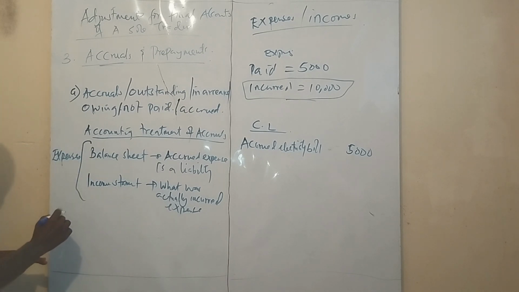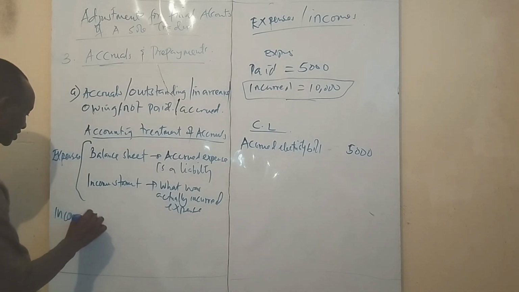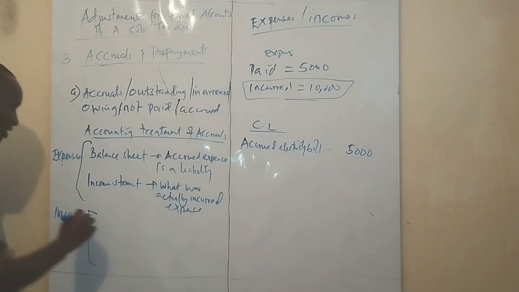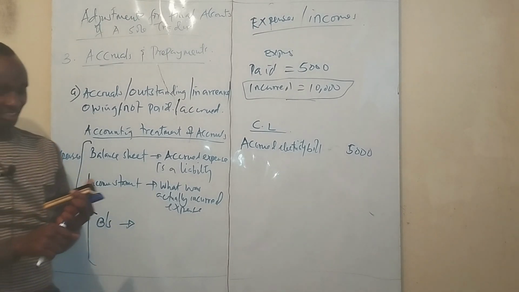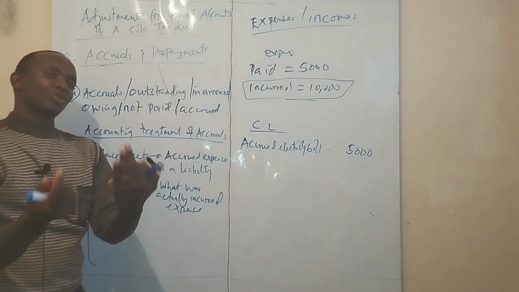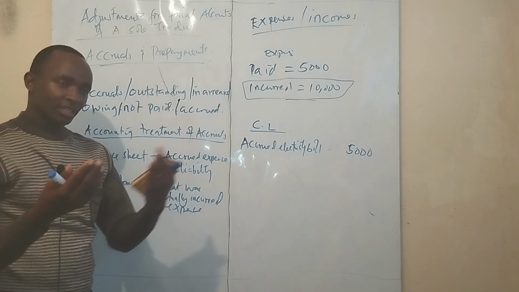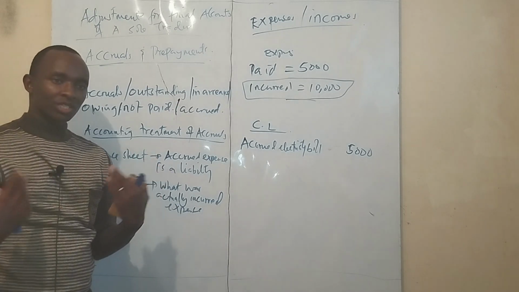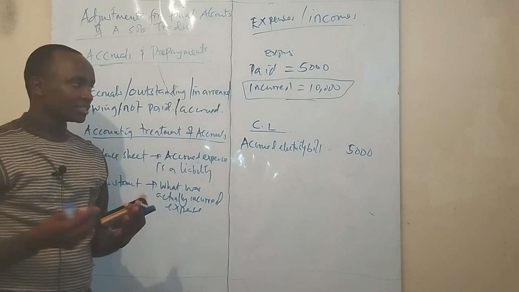Now, what about the incomes? Yes, the incomes. So in the incomes, this is what happens. Incomes in the balance sheet. In the balance sheet, I told you, an income is what you receive from that other person who is giving. If it's rent income from the tenants, right?